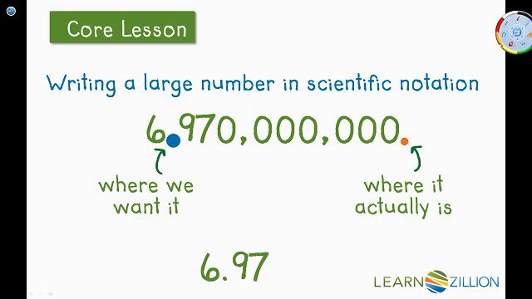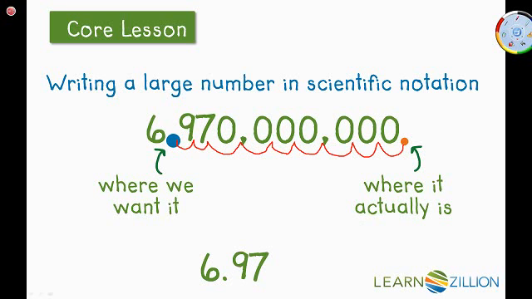We need to count those positions, right? How many positions do you count? How many are we moving this decimal? 1, 2, 3, 4, 5, 6, 7, 8, 9. I counted 9 positions.